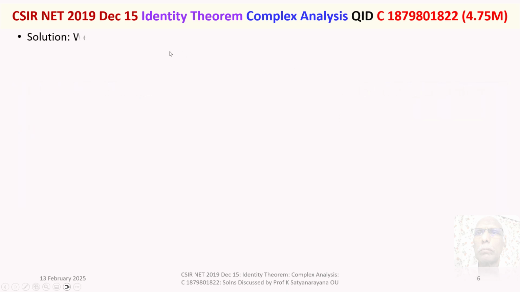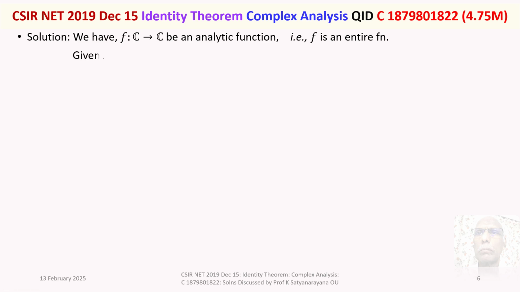We now discuss the solution of the problem in detail. We have f, a map from the whole complex plane to itself, be an analytic function. When it is an analytic function on the whole of C, it is called an entire function. Yes, f is an entire function.